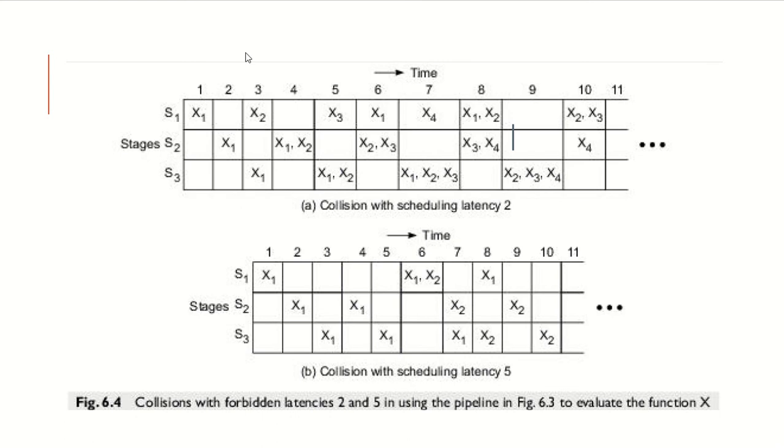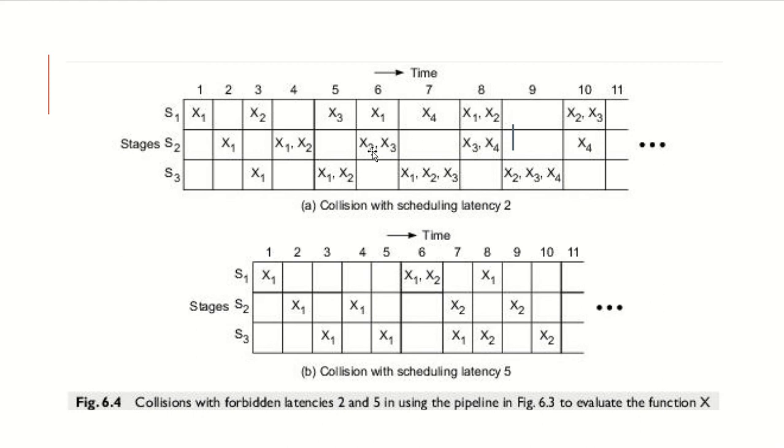But when it comes to the fourth clock cycle, both x1 and x2 are requesting the same stage. x1 is one initiation, or one function, and x2 is another function. That is a perfect example of collision, with a scheduling latency of 2.